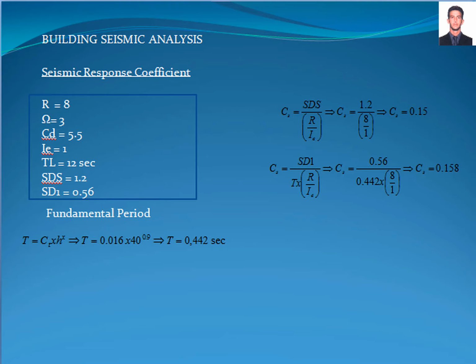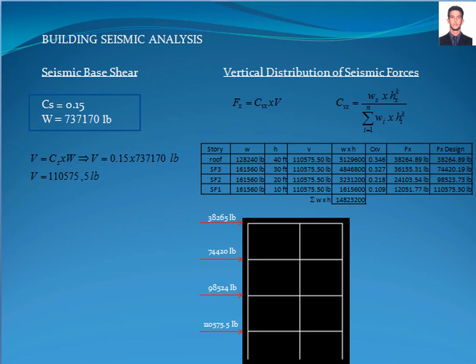We need to verify that this value does not exceed equations 12.8-3 and 12.8-4, depending on the long period transition period. In our case, we use equation 12.8-3, where the condition is that the fundamental period is smaller than the long period transition period, giving a result of 0.158. We use 0.15.